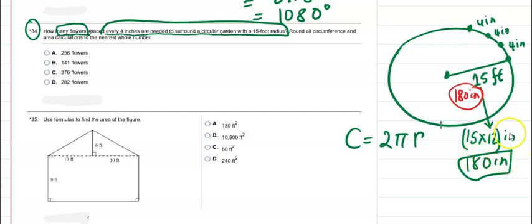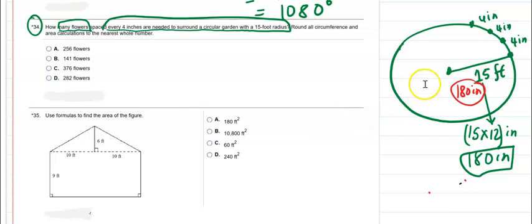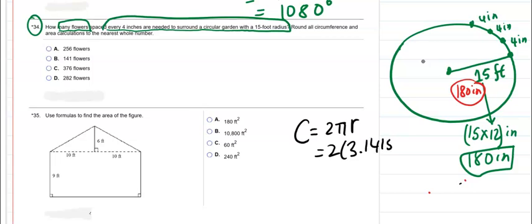I have to change to inches, because remember that my flower spacing is in inches. Let's find the circumference of the circle where we put the flowers, which is 2 pi r. So 2 times pi, 3.14159, times r, which is 180 inches.